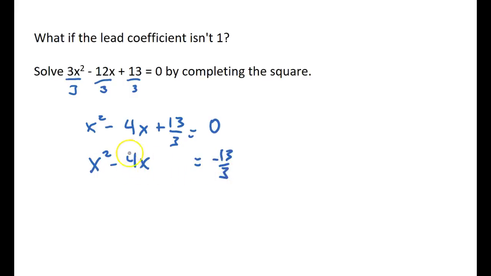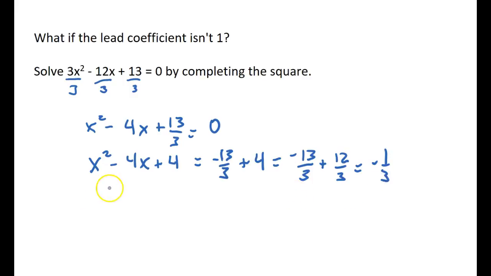I'm going to take half the middle coefficient. So half of 4 is 2. Squared is 4. Okay, so this is negative 13 thirds, and getting a common denominator, 4 becomes 12 thirds, and I get negative 1 third.